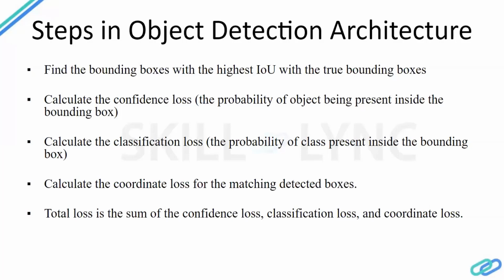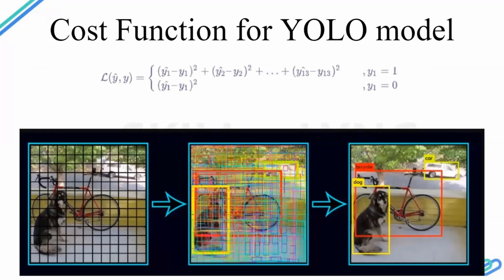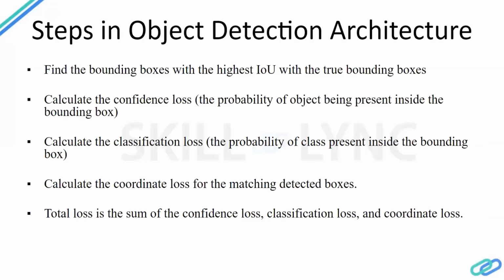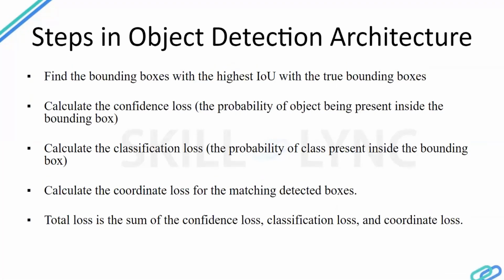Then we will see in which box there is maximum probability, that is, where the confidence loss is low. We can see here a lot of bounding boxes are created. The confidence loss is calculated, and once all of that is done, only the bounding boxes inside those objects remain.